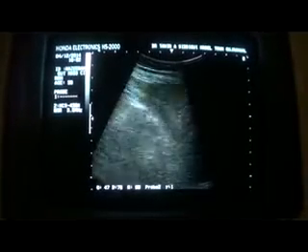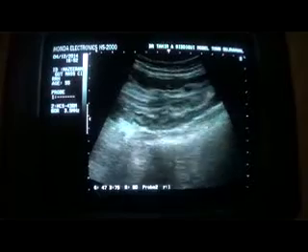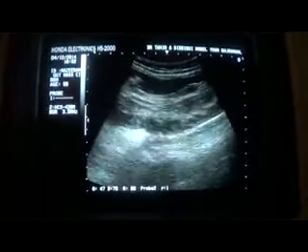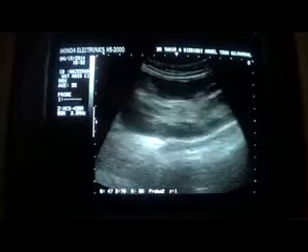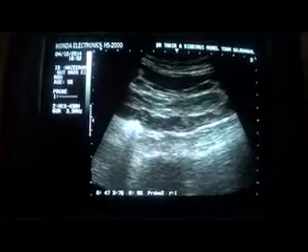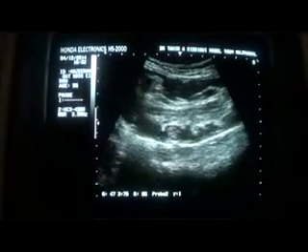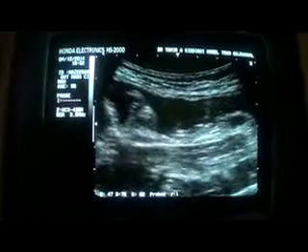And as I move the probe upwards, I see thick bowel segments with collapsed lumen, meager peristaltic movements, if any. I'm going to magnify it for you.